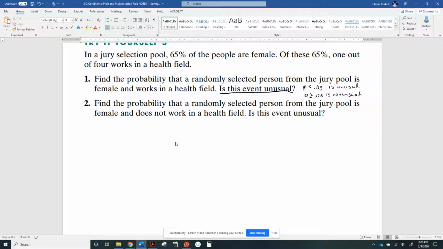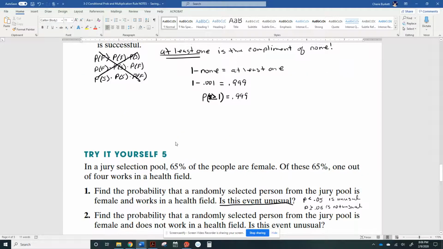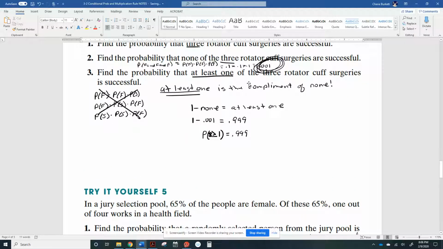Okay, so that is the guideline that you get. So let's say the probability of getting none, this right here is very unusual, because this is smaller than 5% or 0.05. So this is unusual. This one right here, not unusual.